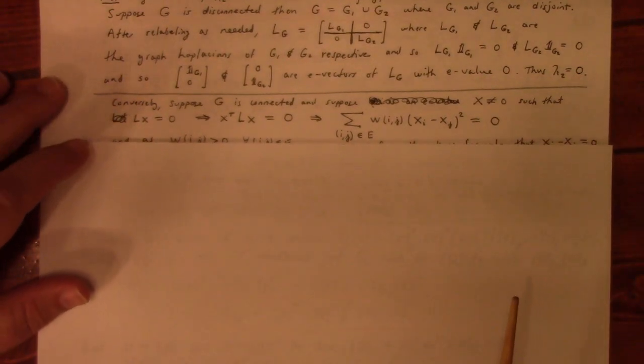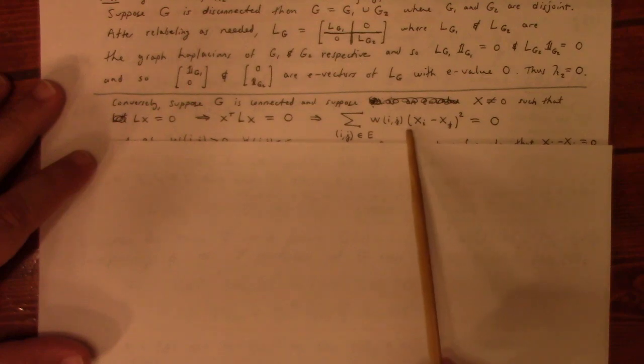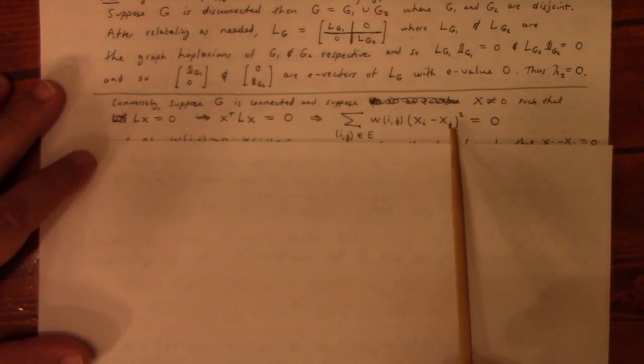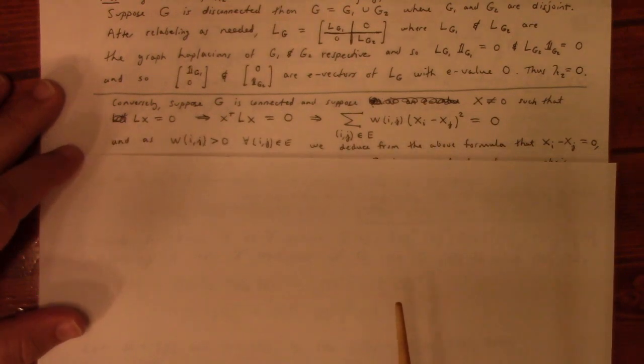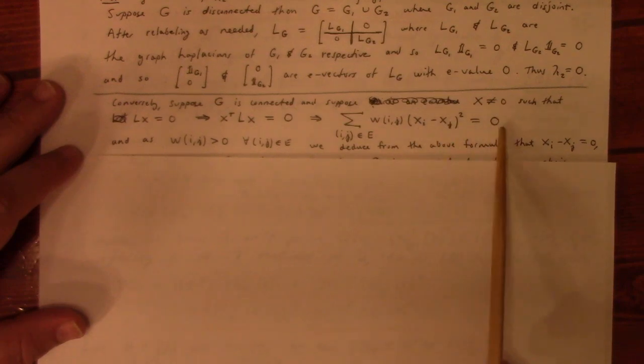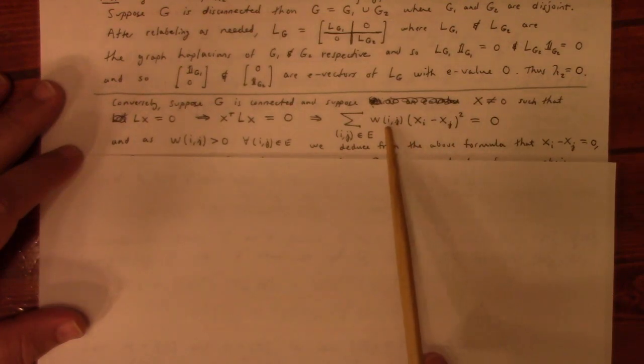by our wonderful formula implies it's the positive weighted sum of the squared differences of the components of x. But how can you have a sum of differences squared be 0 where these are all positive for every ij in the edge set?